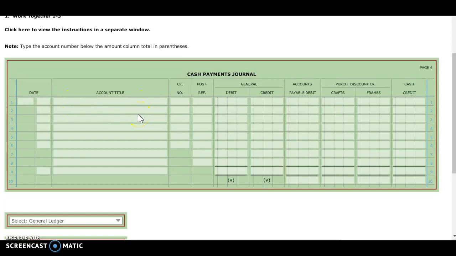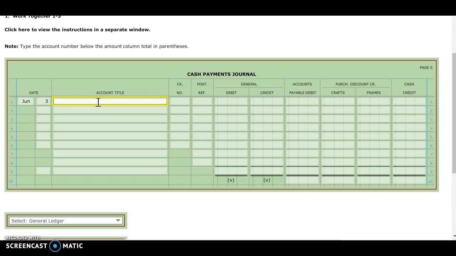So our first transaction, it says, is June 3rd. So June 3rd is my date. It says that I paid cash to Peterson Supply for a miscellaneous expense, 164.34, check number 345. So I'm writing a check. We know that we're going to go into our cash payments journal. I'm writing that check to Peterson Supplies.